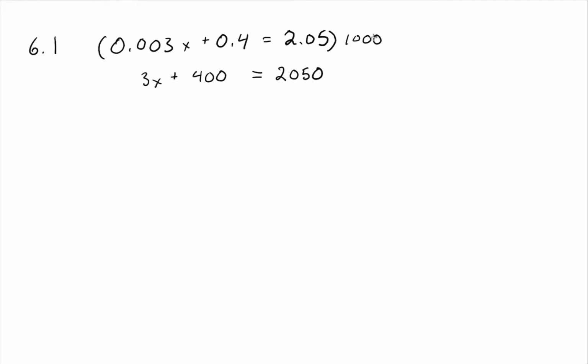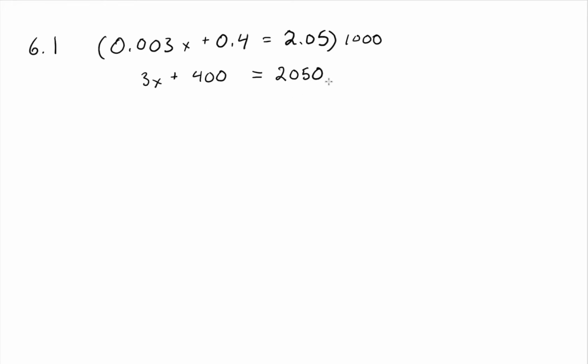Okay, and the reason we can do this is the multiplication property of equations that says if we multiply everything by the same number, we can still get the same answer. It still keeps the equation true. So that's what we're doing. We are multiplying everything by the same number. We're just getting rid of the decimals. It's just making it easier on ourselves.